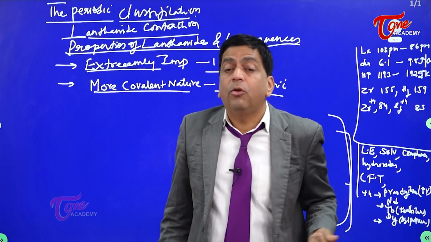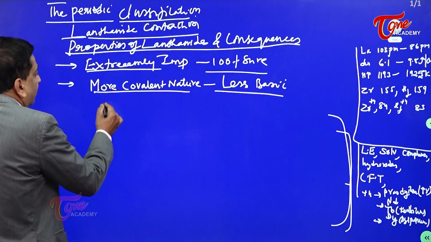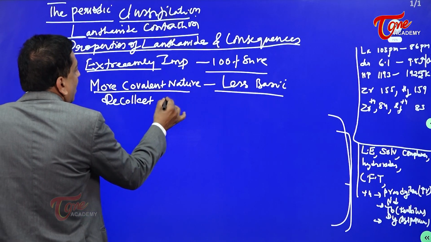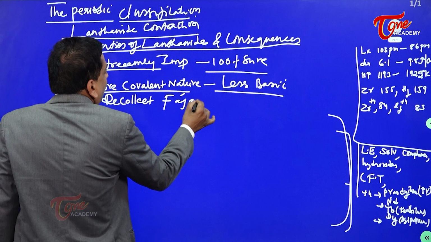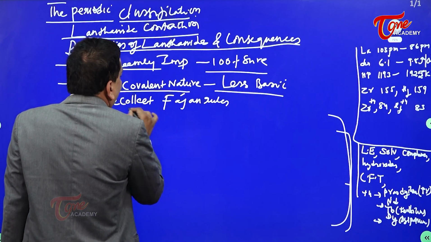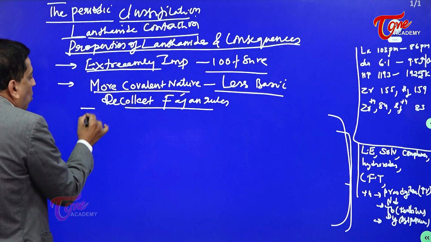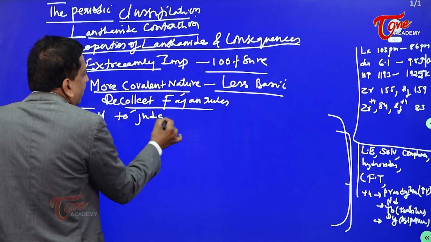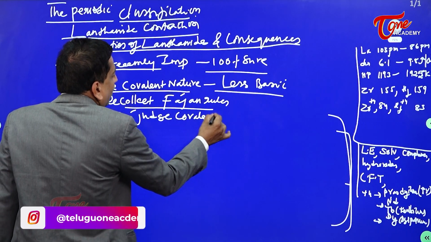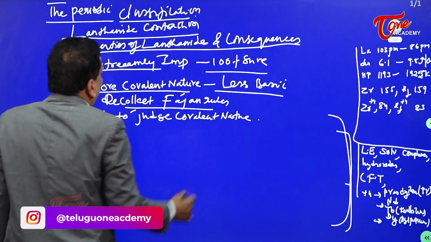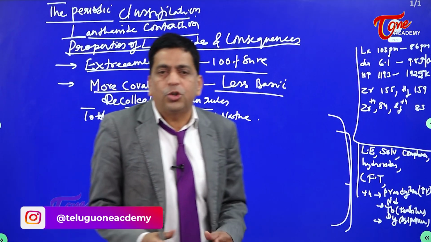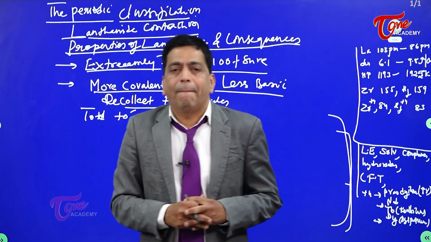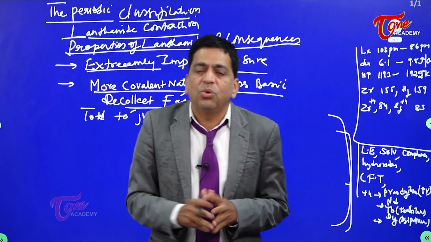And remember and recollect Fajan's rules. Fajan's rules are basically used to judge covalent nature. What are Fajan's rules telling?